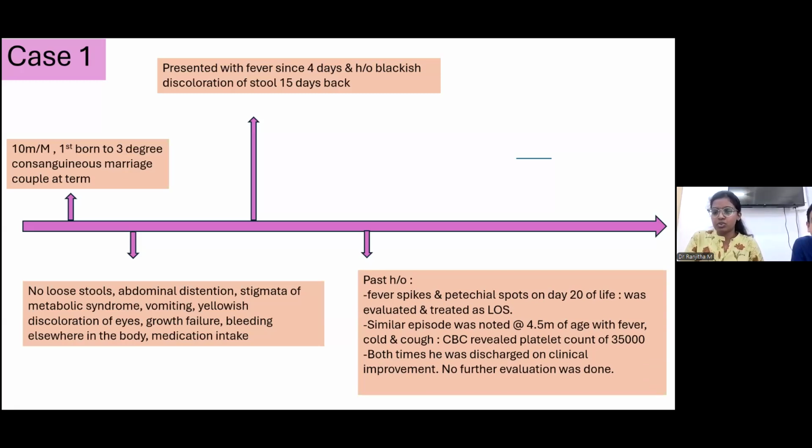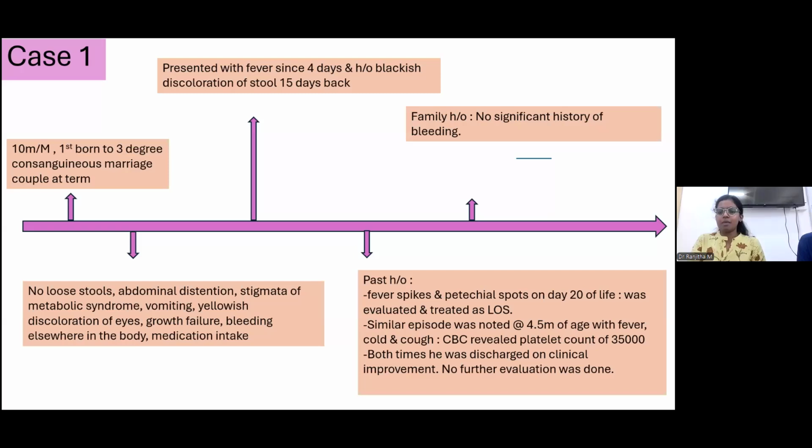A similar episode was noted at 4.5 months of age, which was evaluated with a complete hemogram that showed a low platelet count. But both times he was discharged on clinical improvement with no further evaluation of the disease. Coming to the family history, he did not have any significant history of bleeding in the family.